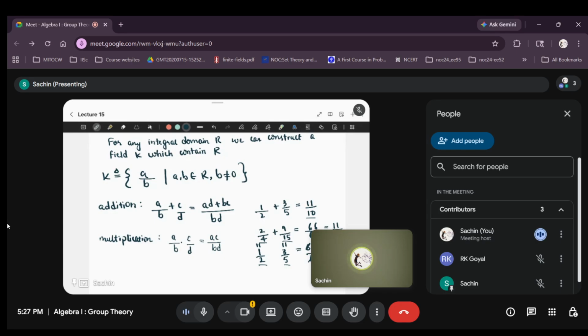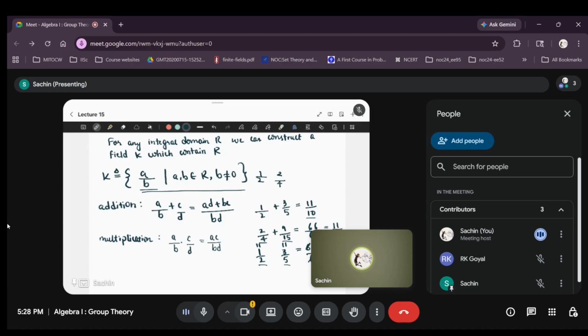When I say this is numbers of the form A by B where A and B are ring elements, nowhere does it say that half is the same as 2 by 4. So this is not a good definition of things, because we want half to be the same as 2 by 4.